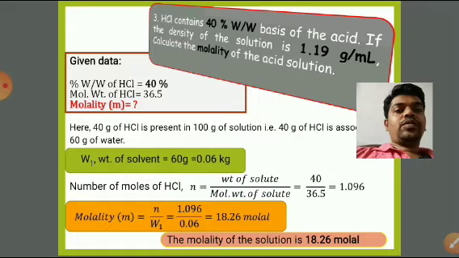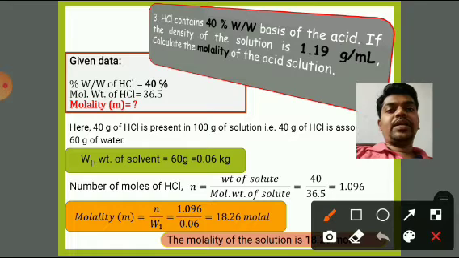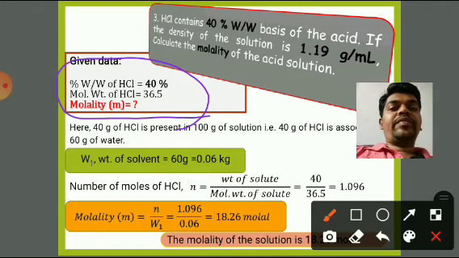Here it is given that 40% weight by weight HCl is present in the given solution. That means the given data is the weight percent, weight by weight, of HCl, that is 40%, and the molecular weight of HCl we know is 36.5, and we have to calculate the molality, small m.